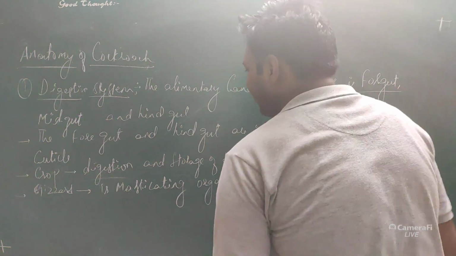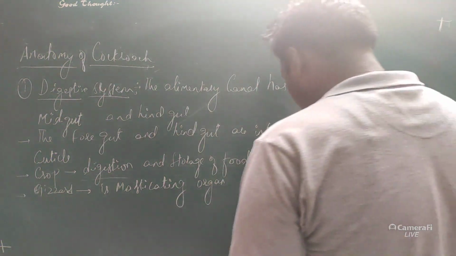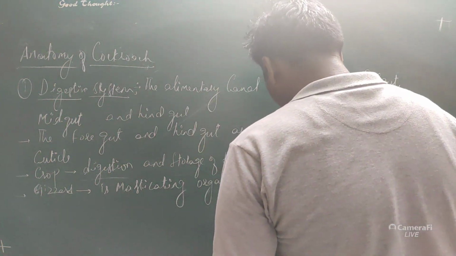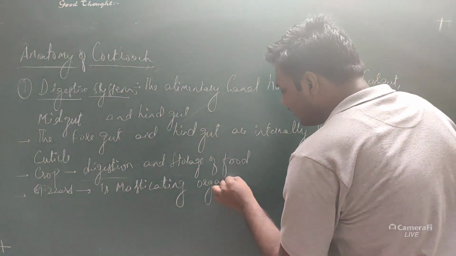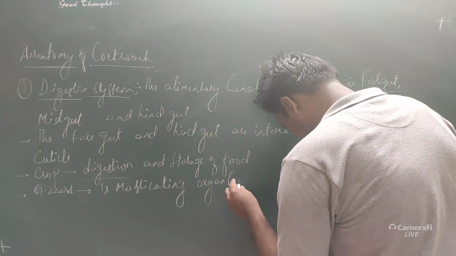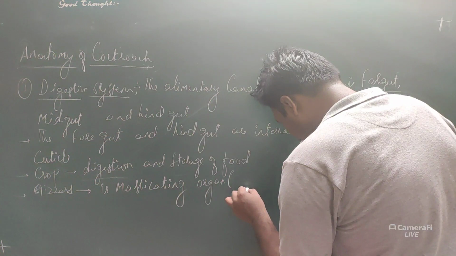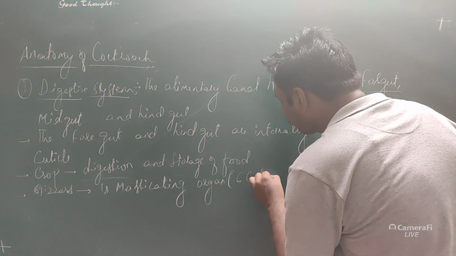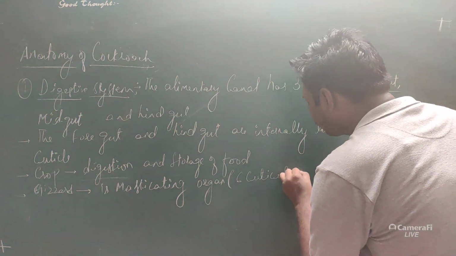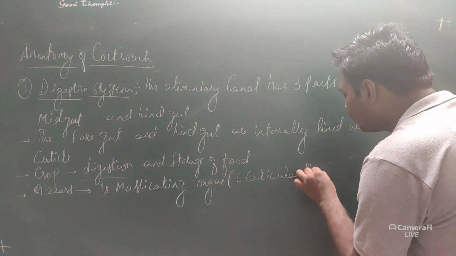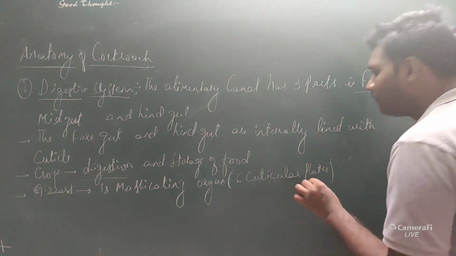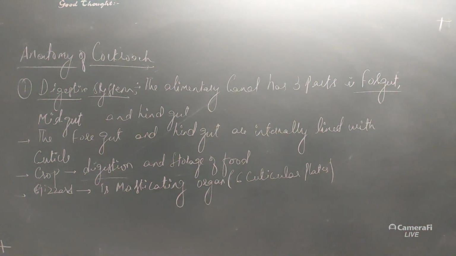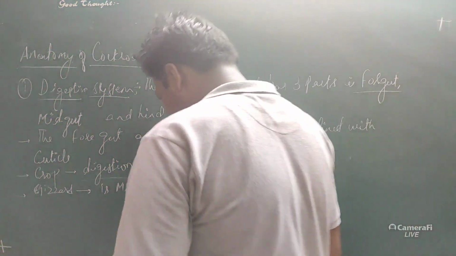This masticating organ consists of 6 cuticular plates, and these 6 cuticular plates help in the grinding of the food material.